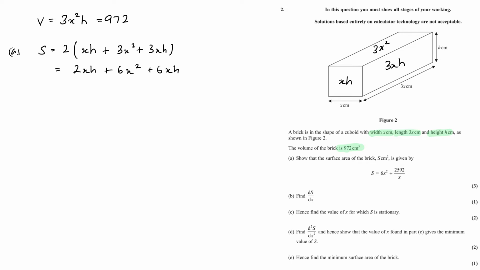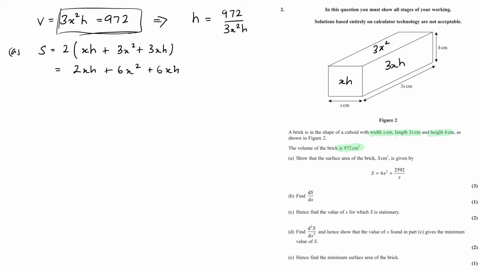Now, obviously, if I look at this, there's no h's in here. So that's where I've got to use this information here. So what I want to do is make this h equals 972 over 3x squared.